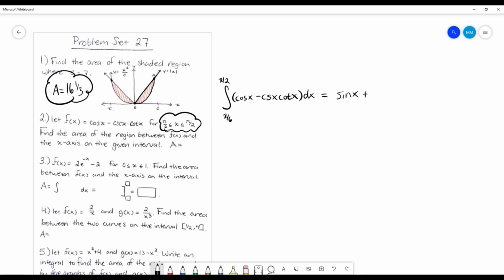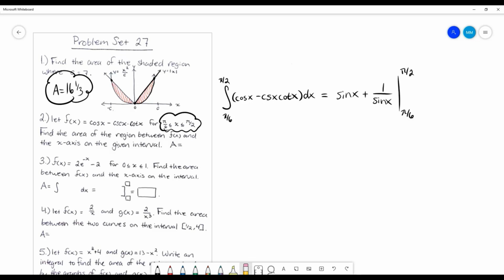And that's going to be a positive cosecant, because when I take that derivative, it turns negative. And remember, cosecant is the same as 1 over sine. So I will rewrite that so it's easier to think about. It's sine of x plus 1 over sine of x from pi over 6 to pi over 2.